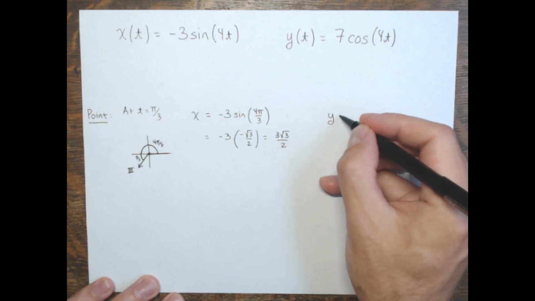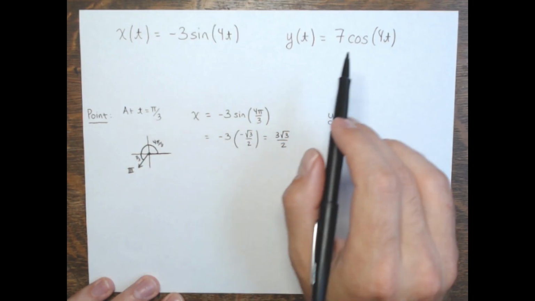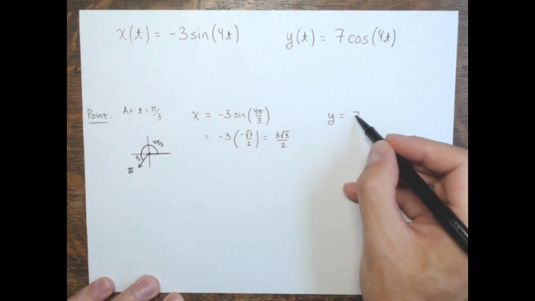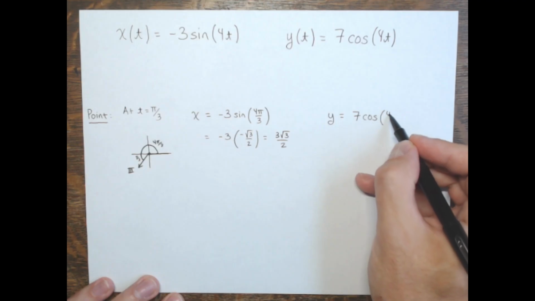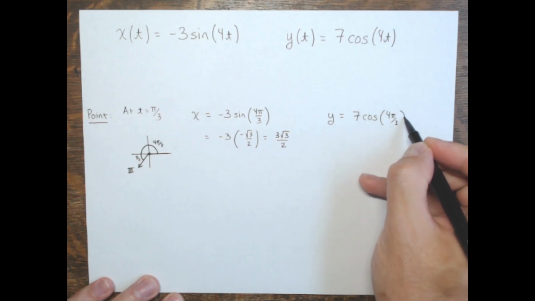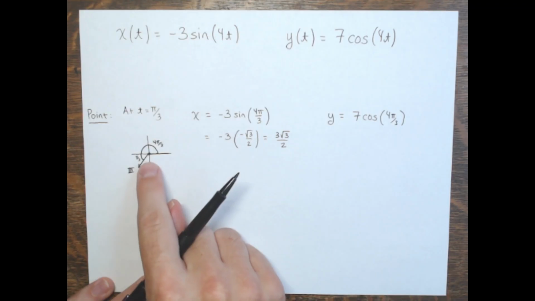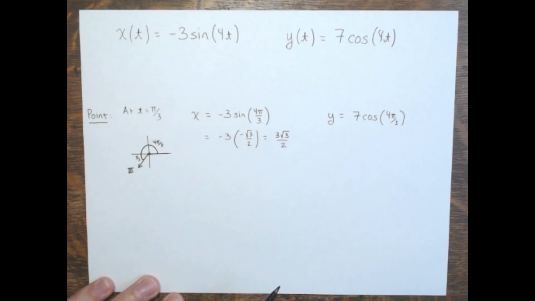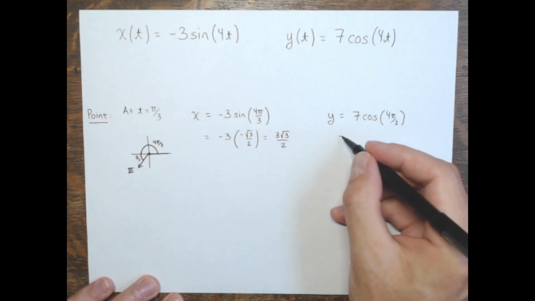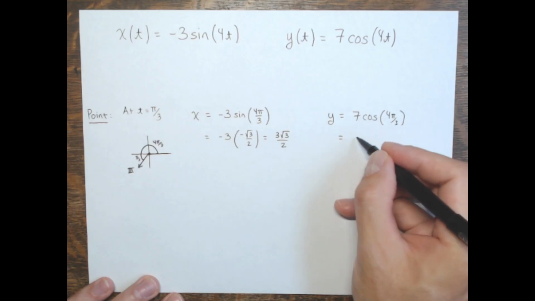And then the y coordinate, when t is pi over 3, is 7 times the cosine of 4 pi over 3. And again, the cosine of 4 pi over 3 will be the same as the cosine of pi over 3, but negative again. We're in quadrant 3. And that was a half. So this is 7 times negative half.